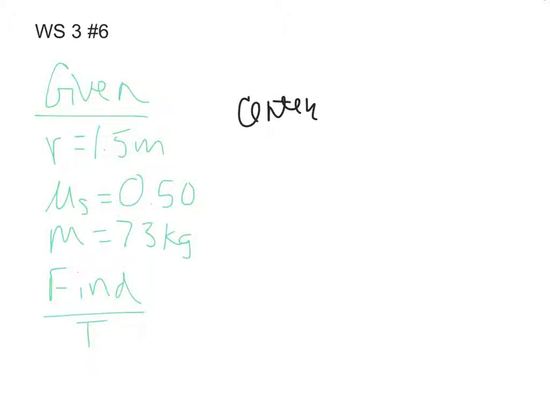So if center is here and we draw our force diagram, we'll have weight going straight down. Keeping the person from sliding down would be a frictional force going up, and that frictional force has to equal the weight.